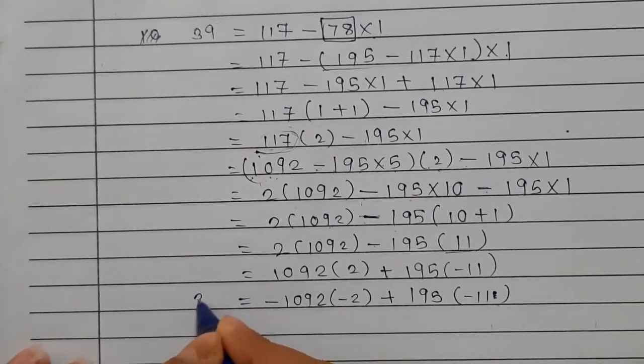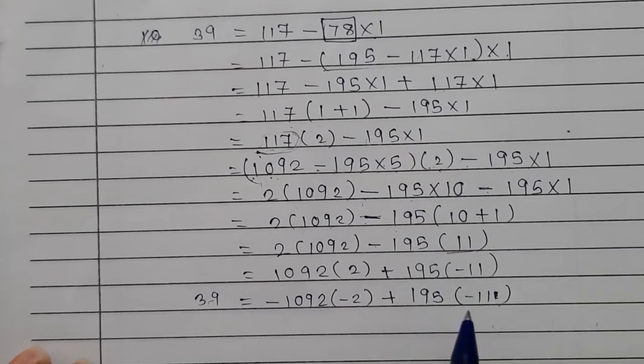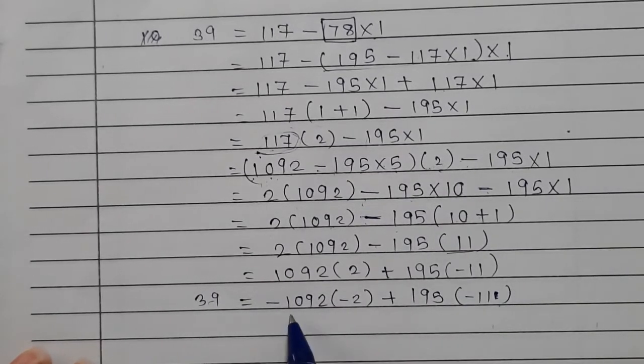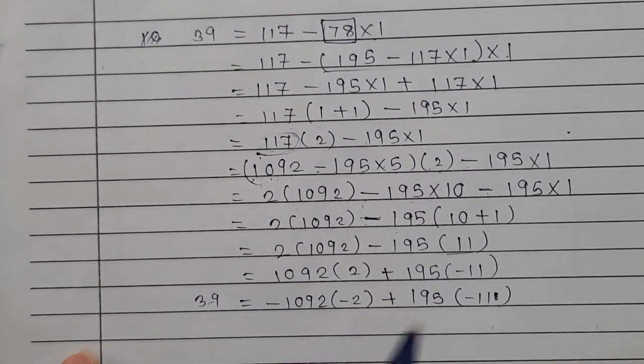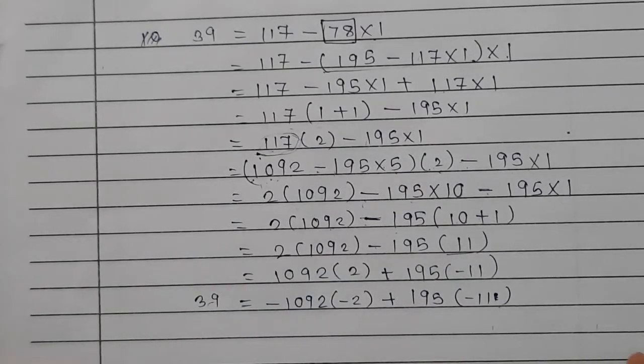This is the equation we write, and this is the linear combination for 1092 and 195. I hope you understand how to solve this. This is an easy method to solve.